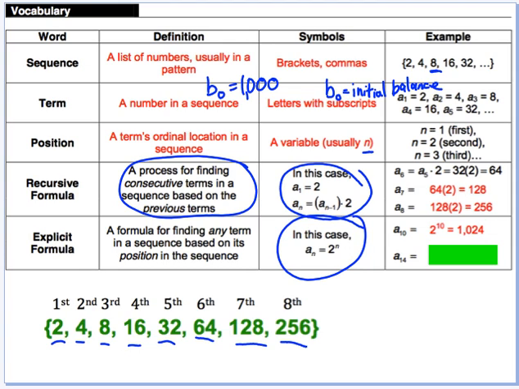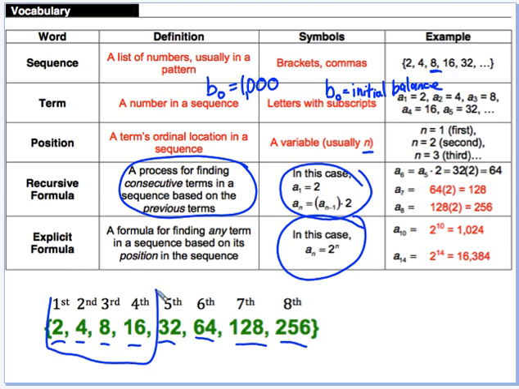So I'd have 2 raised to the 10th power, and I'd get 1,024. If I was looking for the 14th term, I would have 2 raised to the 14th power, and I'd get 16,384.